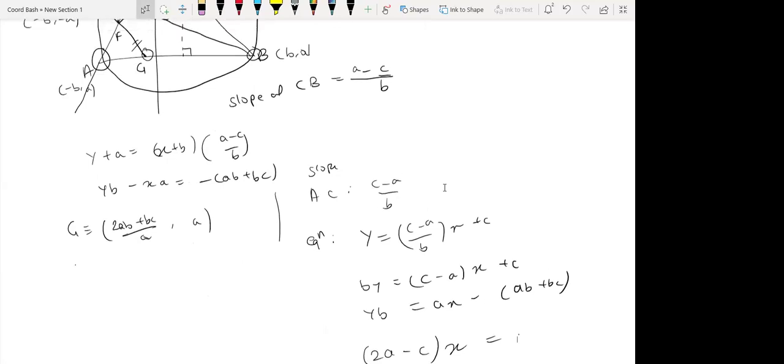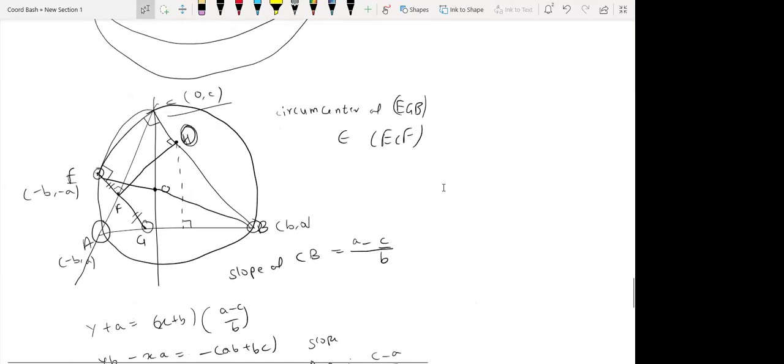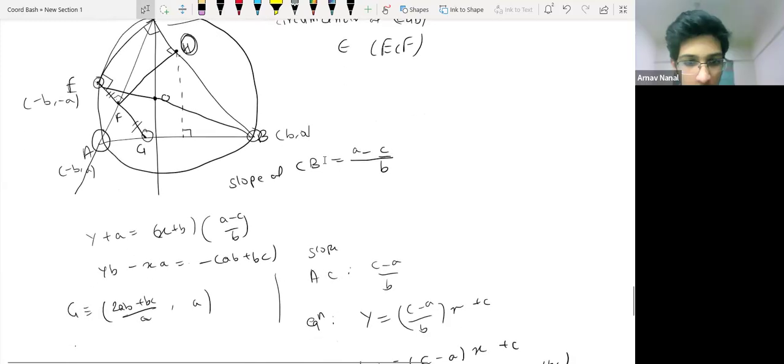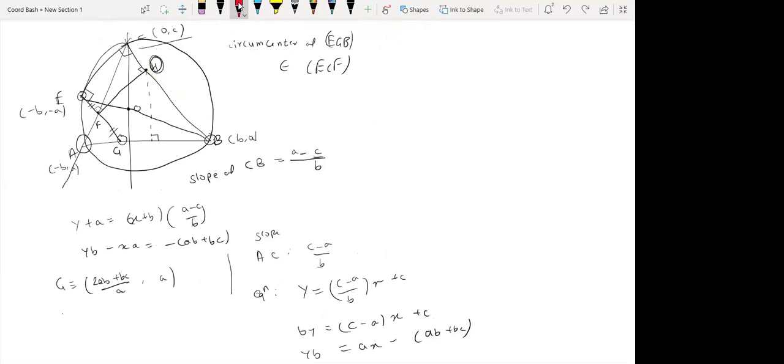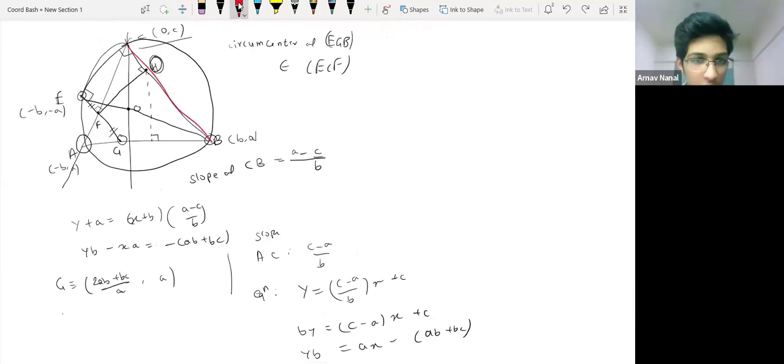Could you sum up the work we did till now? Okay, yeah. What we have done is calculate slope of CB. Did you understand the setup? Yeah, the setup makes sense. So now you calculate slope of CB, then you know the coordinates of E, so you put a line parallel to that.